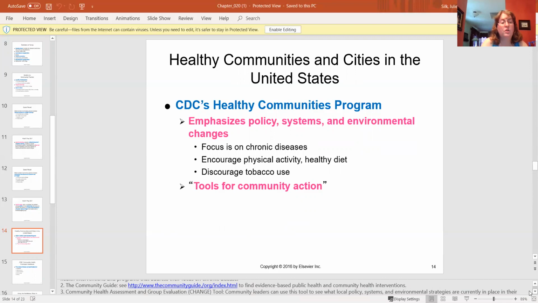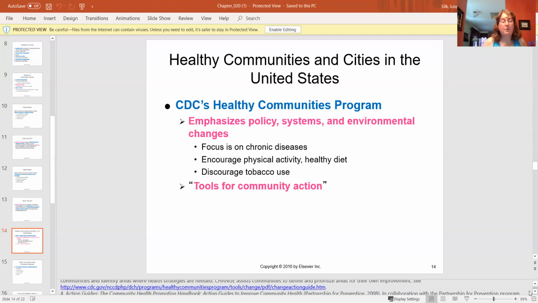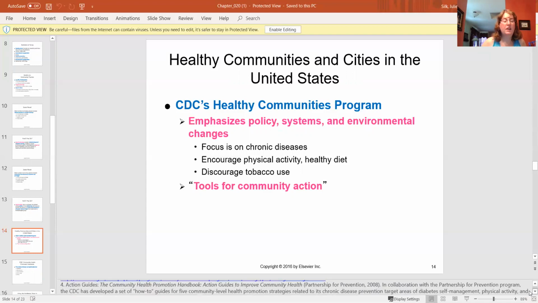And then also Community Health Assessment and Group Evaluation, or CHANGE. This is a tool where community leaders can use this to see what local policy systems and environmental strategies are currently in place in their communities and identify areas where health strategies are needed. CHANGE assists communities to define and prioritize areas for their own improvement. There are also action guides.